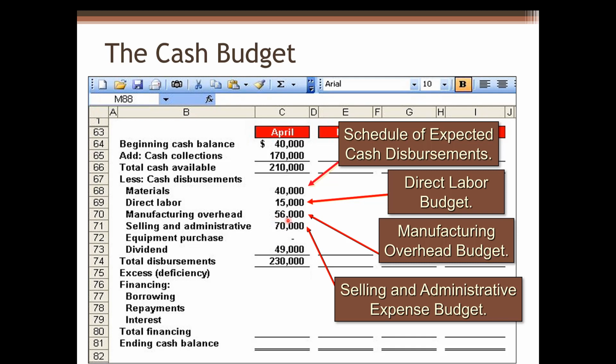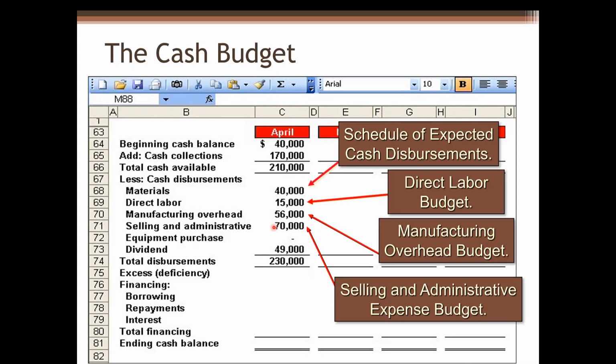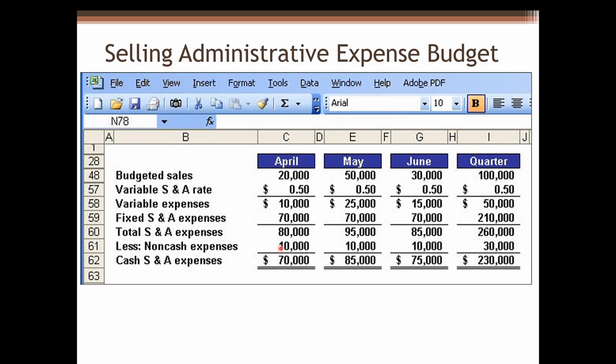Cash disbursements for manufacturer overhead in April, $56,000, are from the manufacturer overhead budget. And for S&A cash payments, that's from the S&A expense budget we just prepared, $70,000 in April.